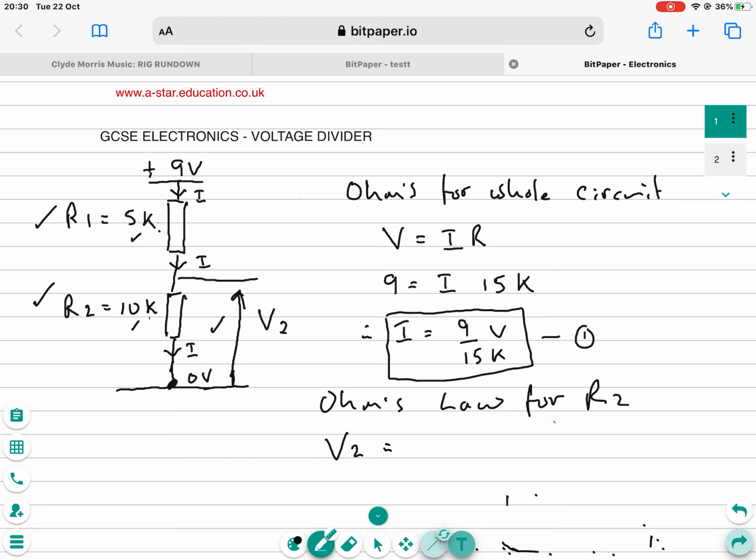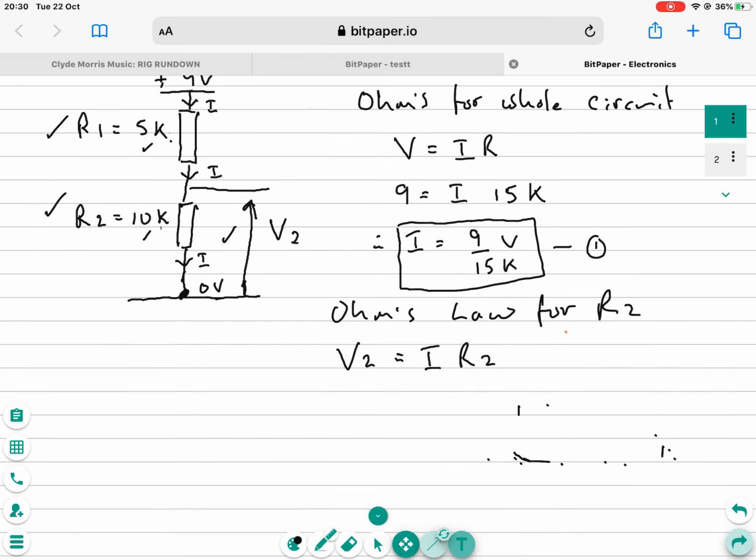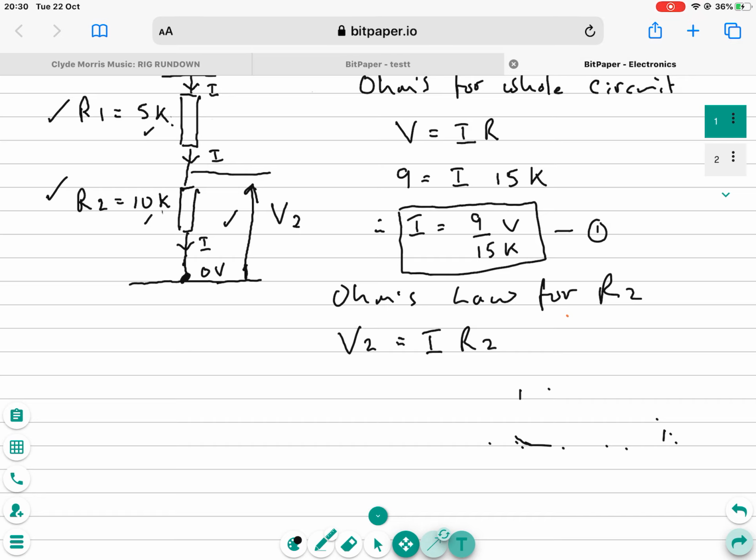V2 is equal to I times R2. So this is just Ohm's law for resistor R2. And let's call this equation number 2. Again, I'll just box this off. Okay, so this is equation number 2.